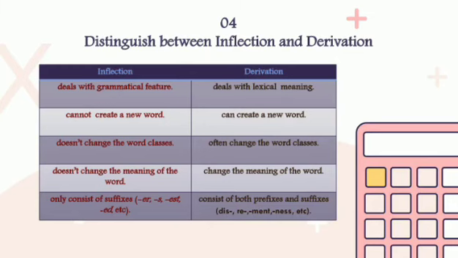Okay, the last topic is about distinguishing between inflection and derivation. There are a couple of differences between inflection and derivation. First, inflection deals with grammatical features, and derivation deals with lexical meaning.